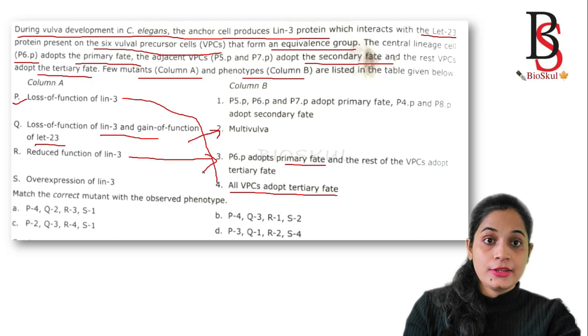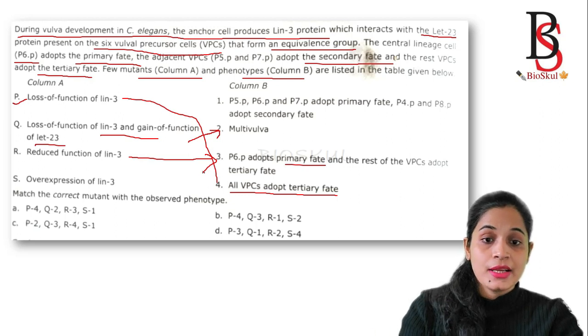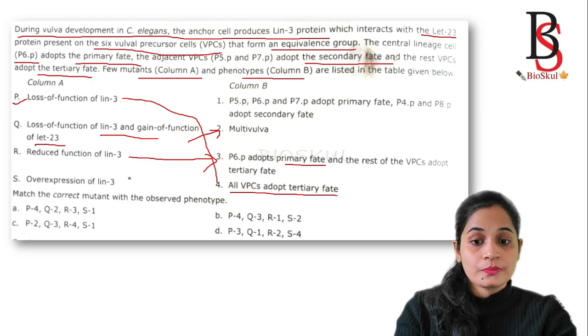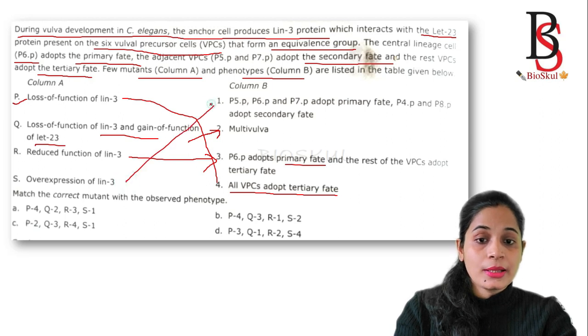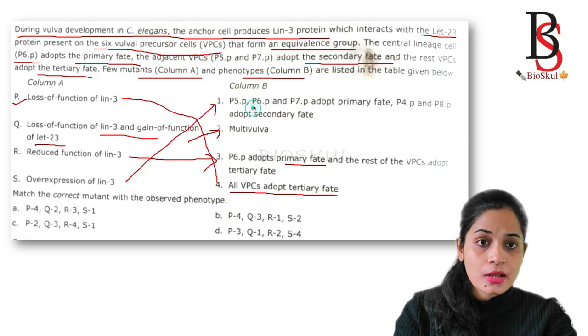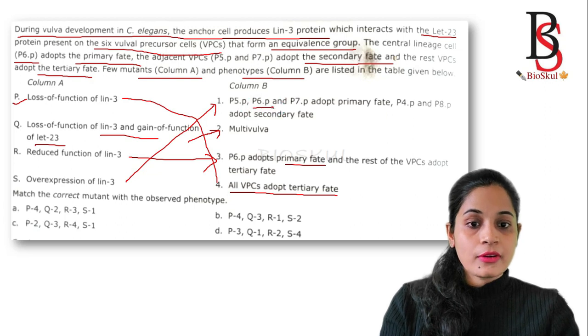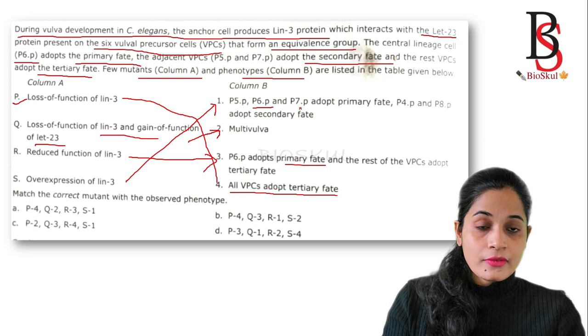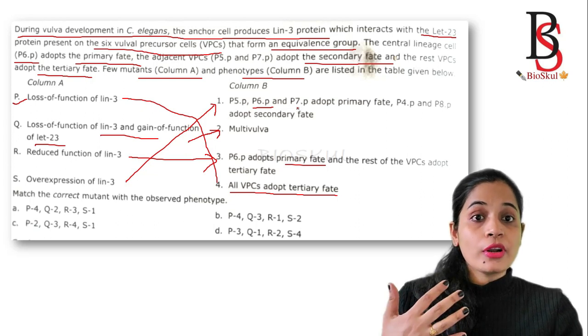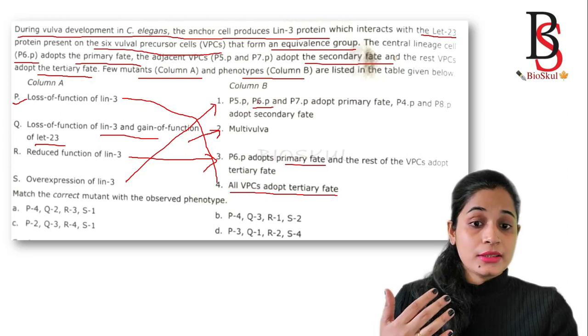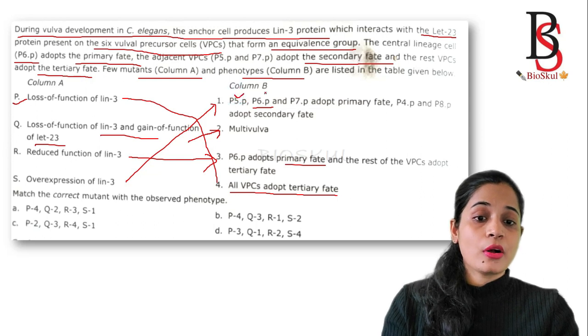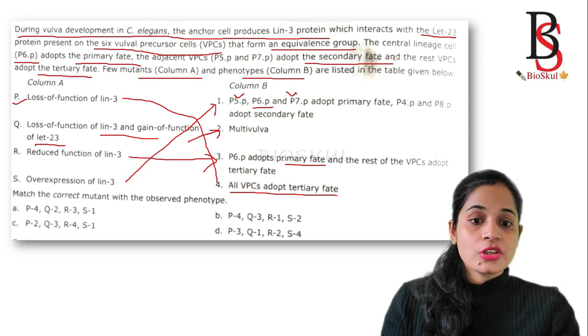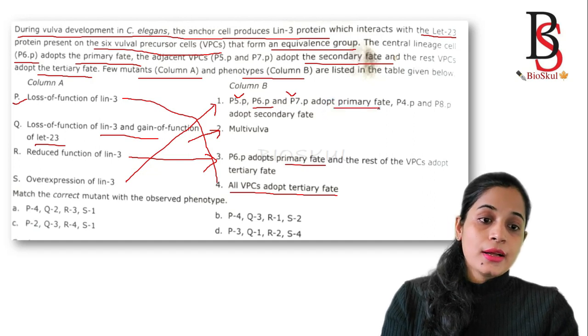Overexpression of lin-3. Lin-3 protein is overexpressed. Then what will happen? P6 forms the central vulva. P5 and P7 form the lateral vulva. But with the overexpression of lin-3, these two lateral cells will also get more concentration of the lin-3 protein, and they will form the primary fate, that is the central vulva.